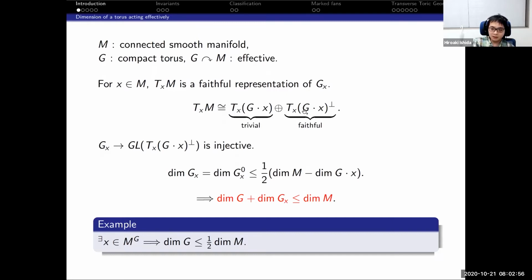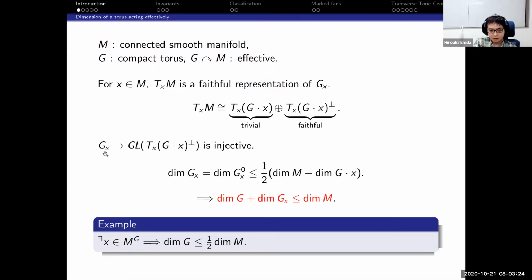and this is a normal subspace of this space. This representation should be faithful because the whole representation is faithful. So we have an injective homomorphism from G sub x to the general linear group of this vector space.